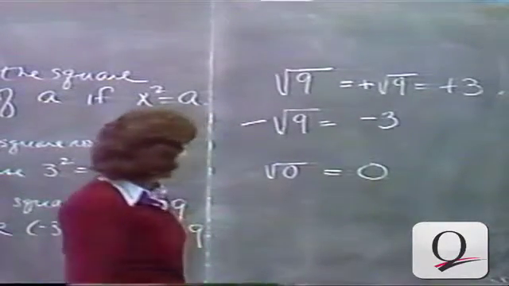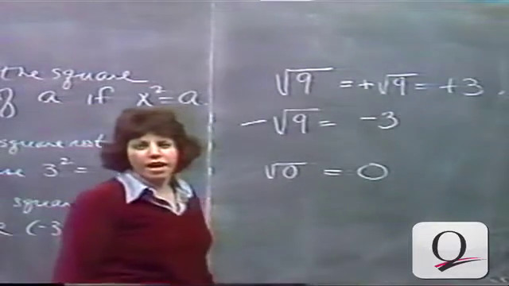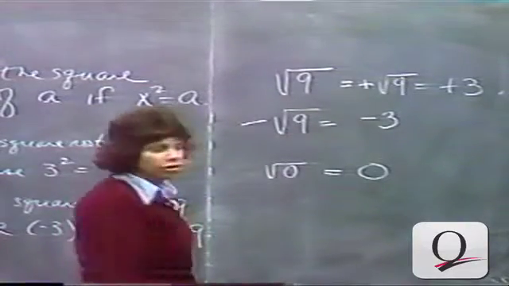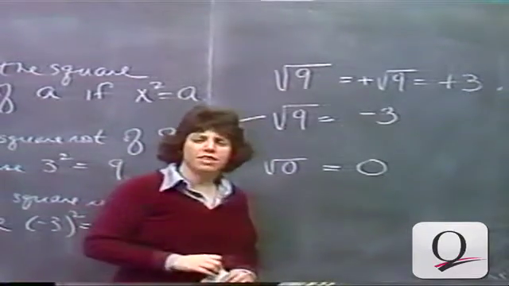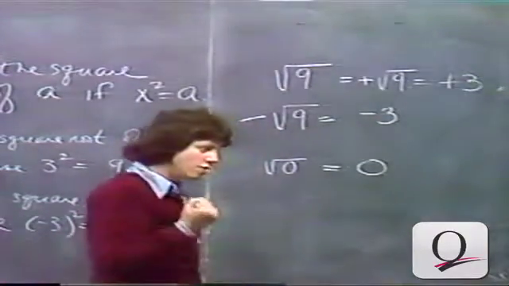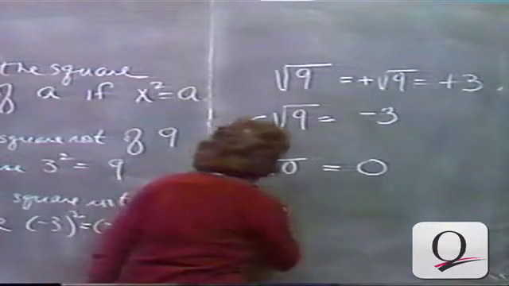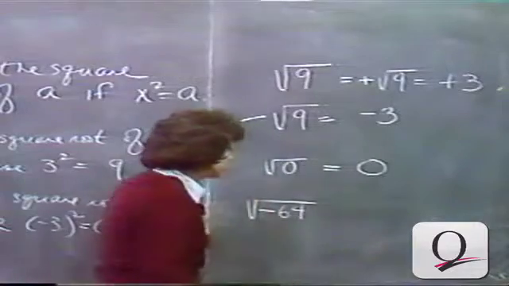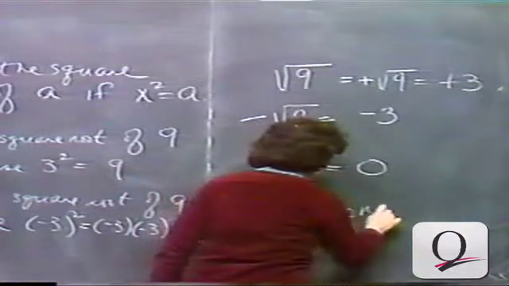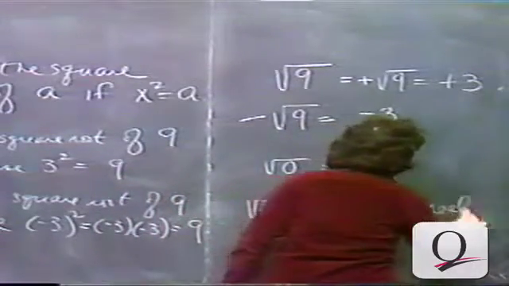It's 0. Negative numbers do not have any square roots that are real numbers. We're only working here with real numbers, those are numbers that have decimal representations. The square root of minus 64 is not a real number.